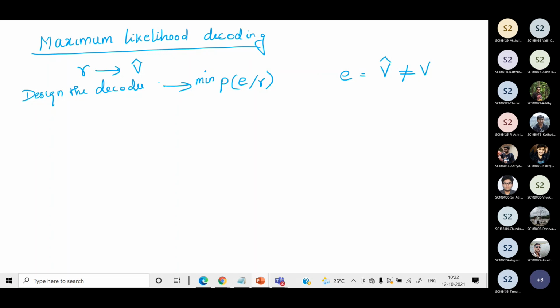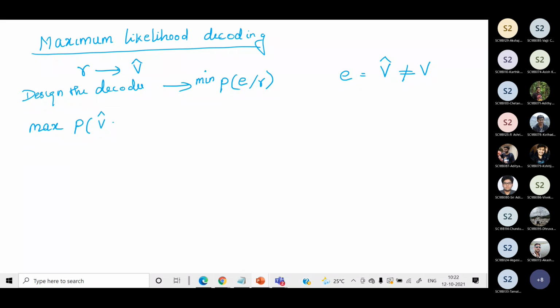So we have to minimize the probability of error for a received vector. Instead of minimizing this probability, I can maximize the correct probability. What is the correct probability?